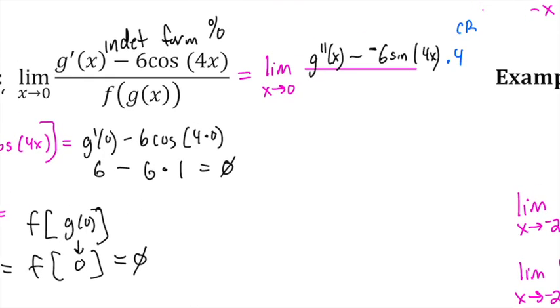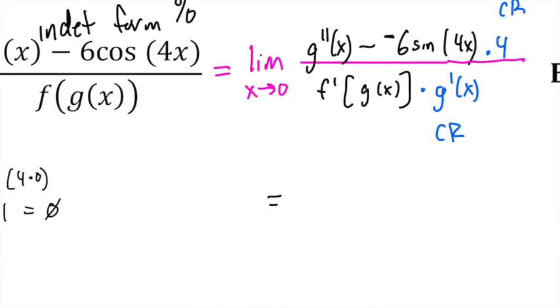Taking the derivative of the bottom, this is another chain rule, so we're going to have f prime of g of x, and then times g prime of x because of the chain rule. So let's substitute 0, and this is positive because it's a negative and a negative. And also we have 6 times 4, which is 24.